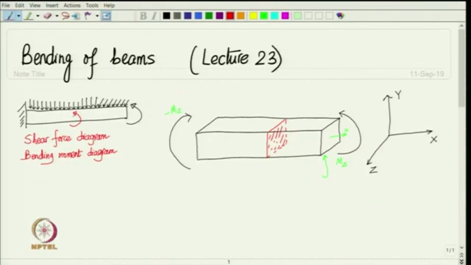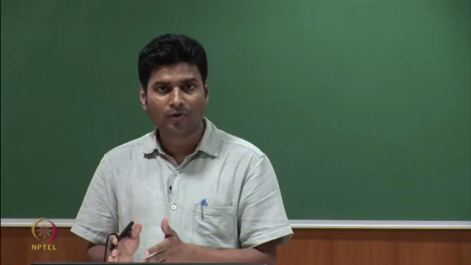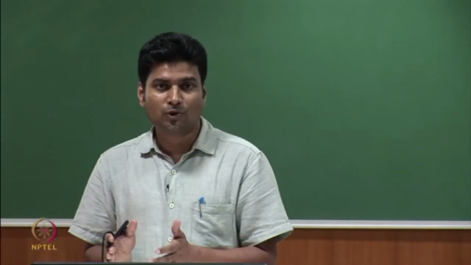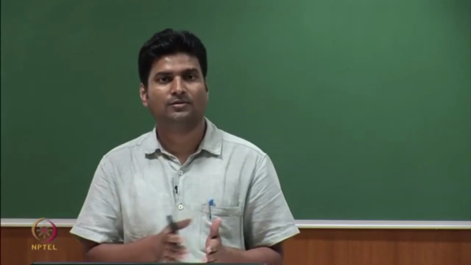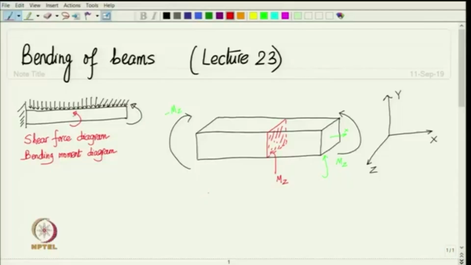You can get this just by drawing the free body diagram of one half of the beam and then show that the moment in the internal cross section is same as what you applied, and it is the same throughout. So, this is also called pure bending. Okay. So, we also call it pure bending of beams. So, moment is same throughout.